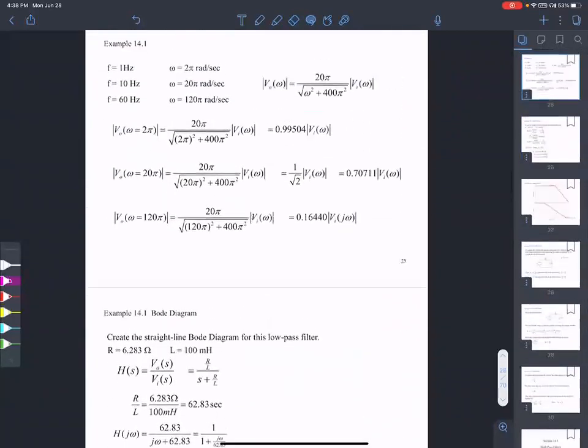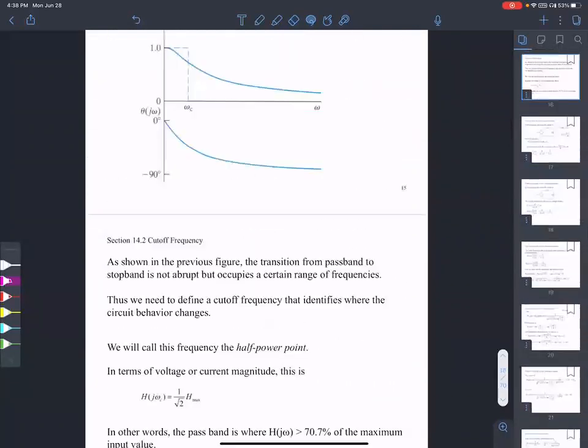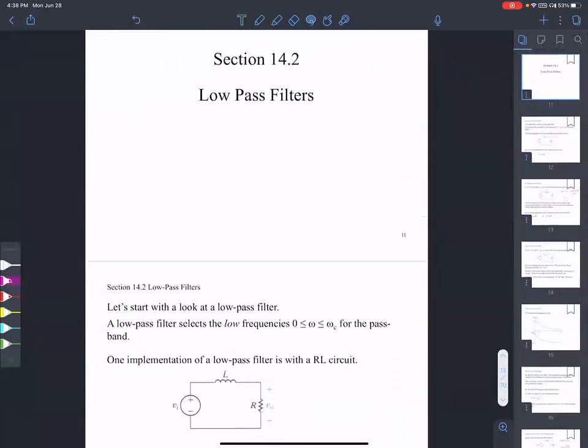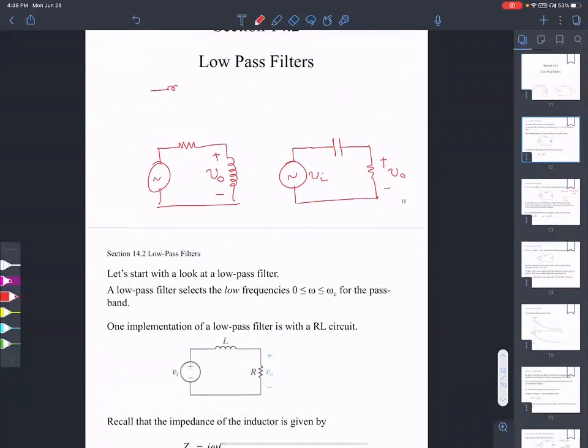If you look at the low pass filter, I'm looking for a single slide that has both. Okay, this is a high pass filter. But if you were to take an inductor and a resistance, that would give you a low pass filter.